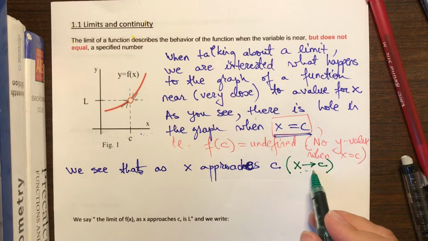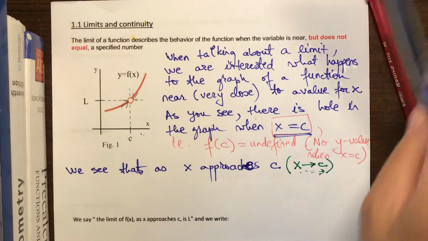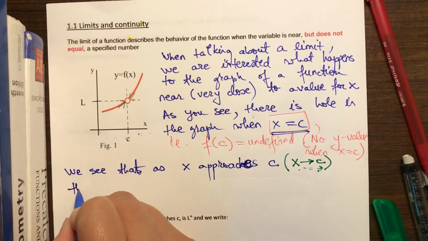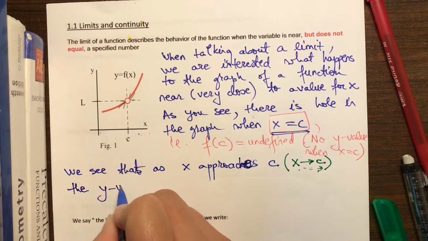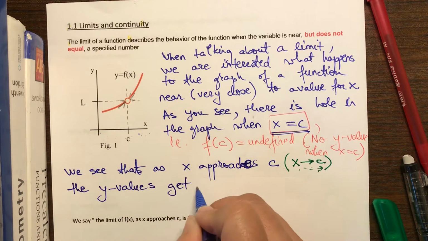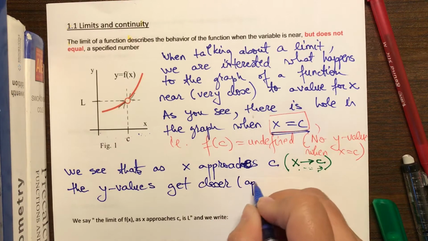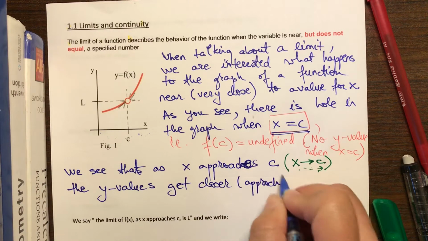So x gets closer and closer and closer to c. Okay. What happens to the y values of the graph? Get closer to what? Or approach which value?